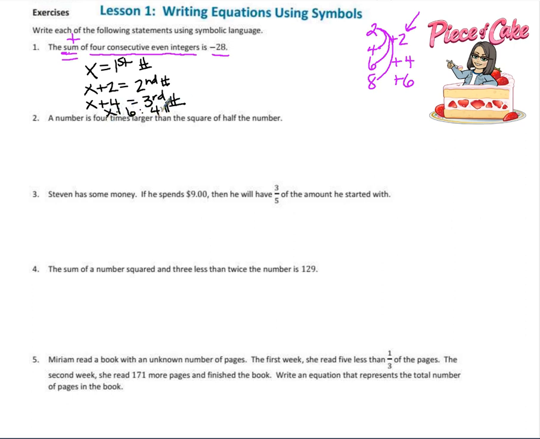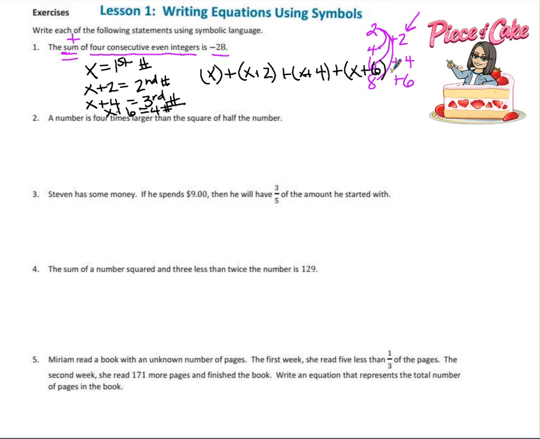I should have written smaller. So let's put it all together. We know we're adding. So we're going to have x, that's our first number, plus our second number, plus our third number, plus our fourth number.